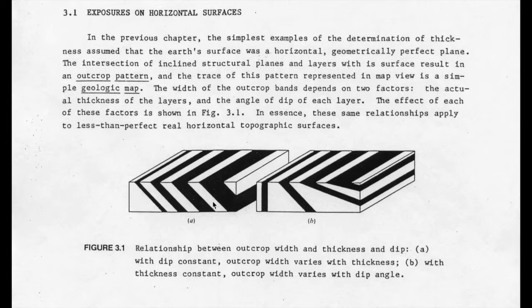So we would just do a little bit of trigonometry where we could calculate, knowing the dip and the map thickness and the topography, which in this case is just a flat horizontal surface, we could calculate the true thickness. So we're not going to actually go into that calculation, but it's pretty simple if you know some trigonometry.